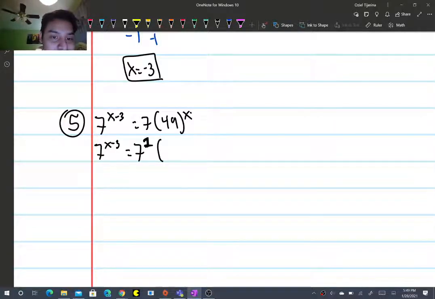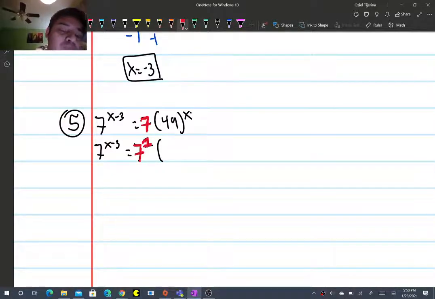Trust me, it'll help because you have to split these into two different powers. This one, we will put as 7 to the first power.